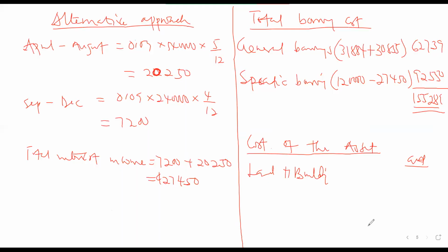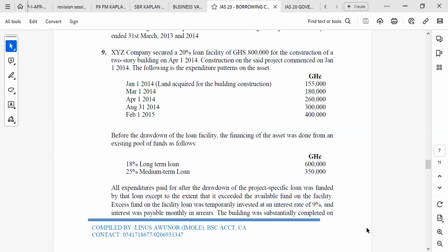Let's look at the total amount that we have spent so far, then we add the borrowing to it. We have spent 155 plus 180 plus 260 plus 300. We have spent 895,000. The last one is for the next year, which is 2015.